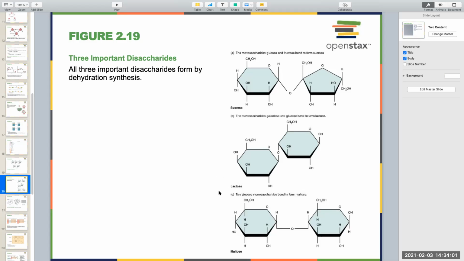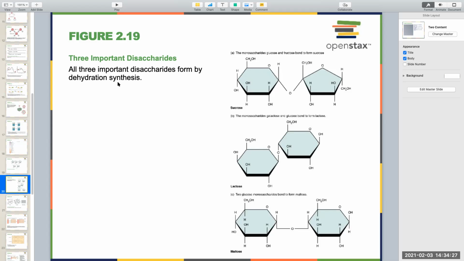We have lactose, which is the sugar that we find in milk and milk products. And then we have maltose, which is another type of sugar as well. Okay, so sucrose, lactose, and maltose are disaccharides. So these are sugars that are in pairs. Okay, so they are chained together and are formed by a dehydration synthesis reaction.